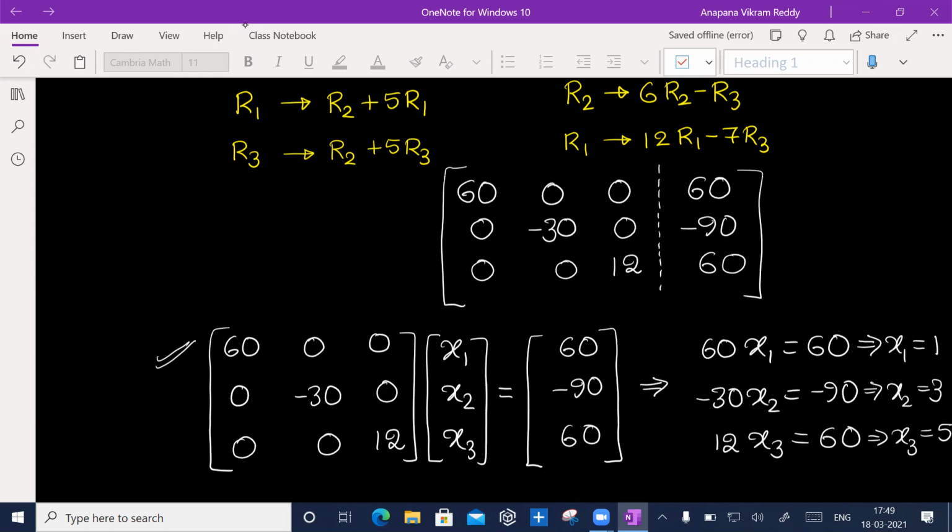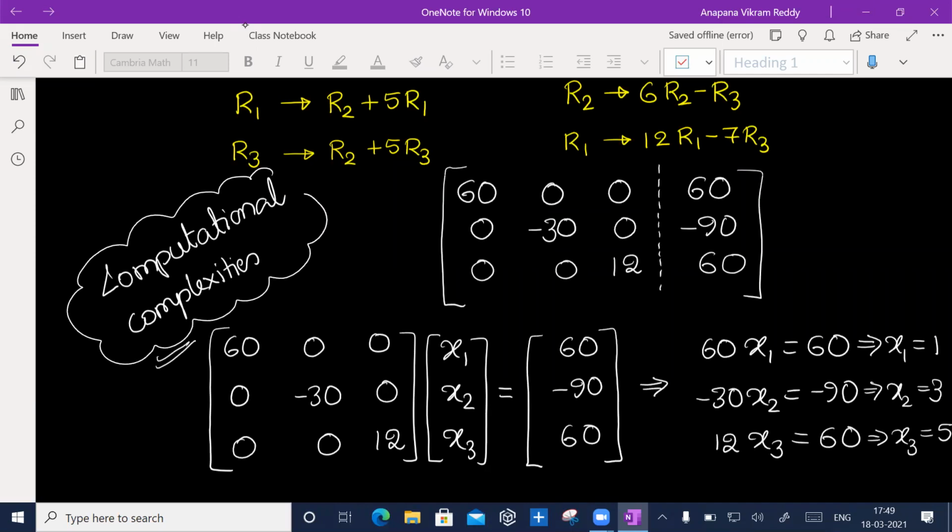In the laboratory, we will try to observe computational complexities. This is really important in numerical methods. We will observe the computational complexities involved with various methods right from the beginning: Gauss elimination, with pivoting, Gauss-Jordan, LU decomposition, all these things we will see in our laboratory.